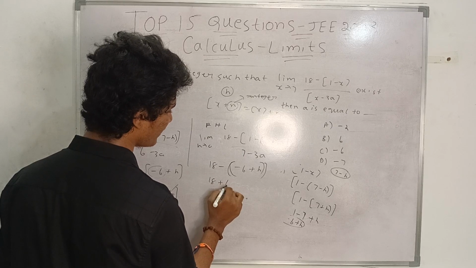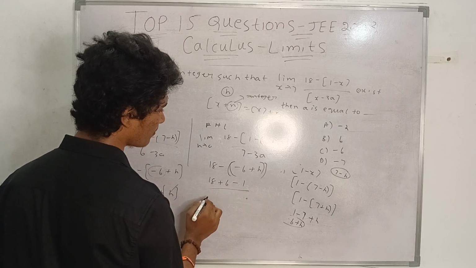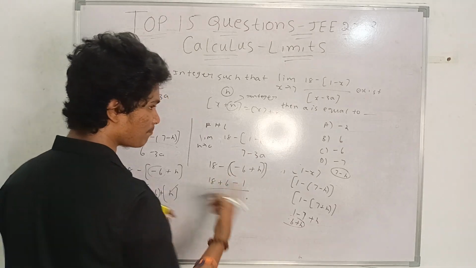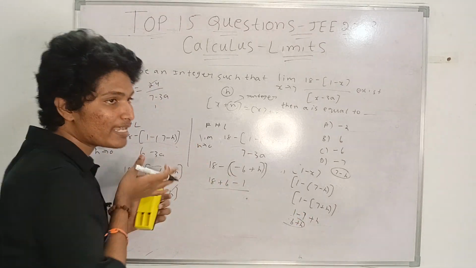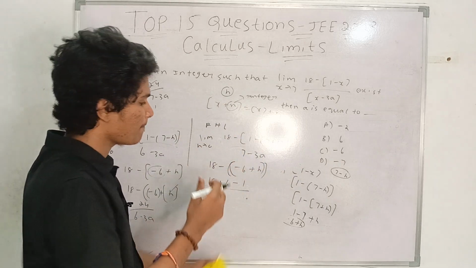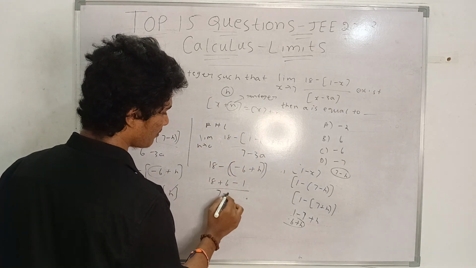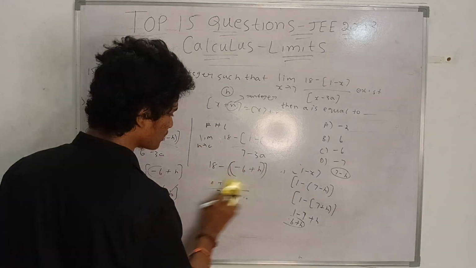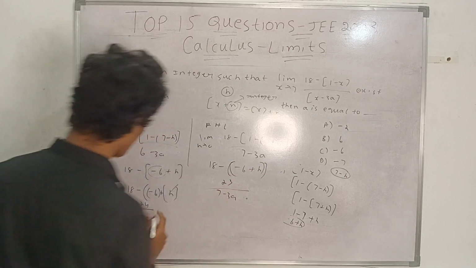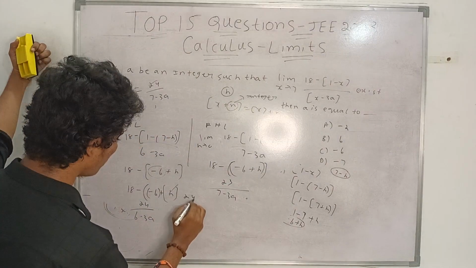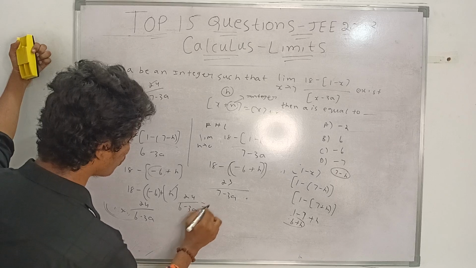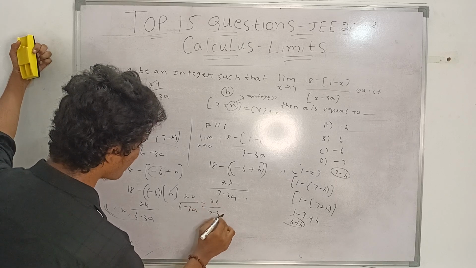Here it is 18 plus 6 minus 1 here, because it is minus of, that is, here h is tending to 0 and it is minus, so it will become minus. Here it is 7 minus 3a. So the numerator part is 23 here. So now we have to equate 24 divided by 6 minus 3a to 23 divided by 7 minus 3a.